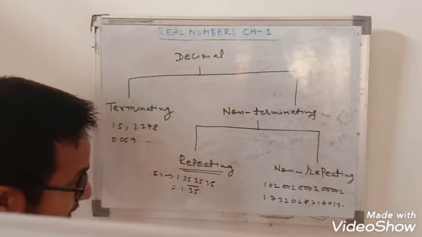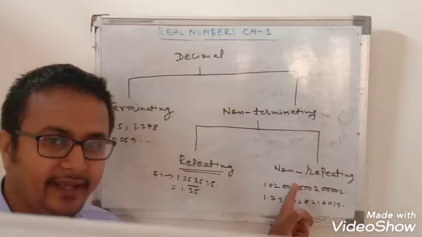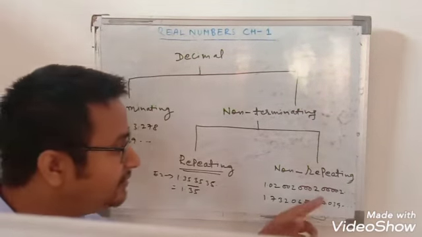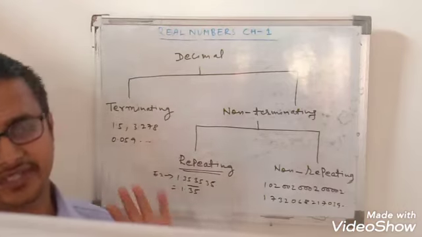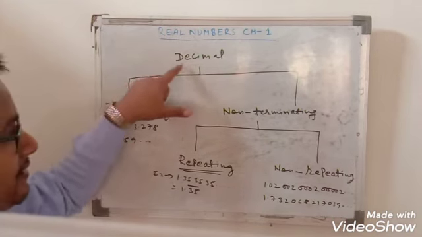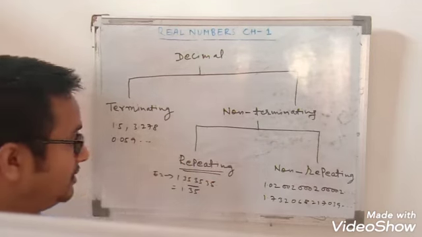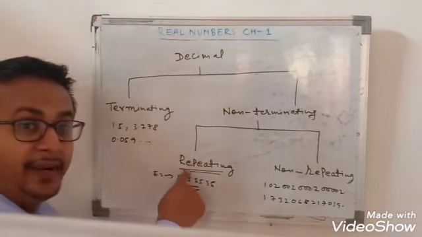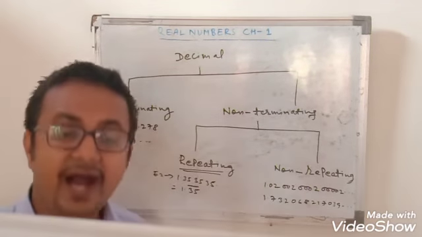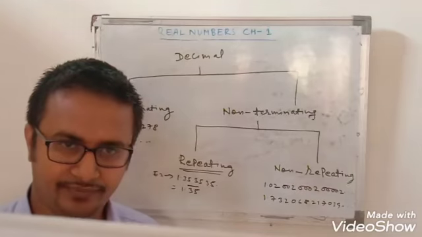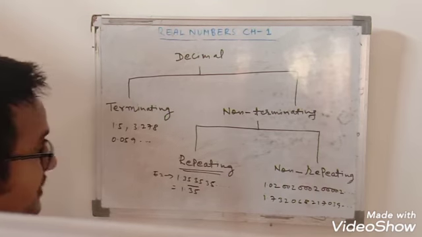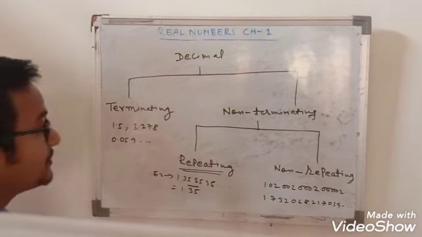And non-terminating non-repeating you cannot express in P by Q form, so this is irrational. So all terminating decimals are rational, non-terminating repeating decimals are also rational, but non-terminating non-repeating are irrational. Okay, now we will discuss a few new terms.